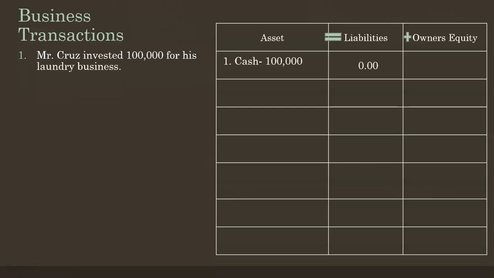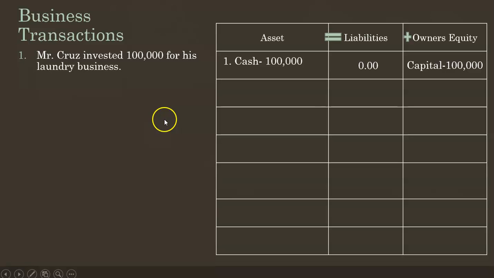And liabilities, liabilities has no concern here, because it was not mentioned that it is being borrowed. Okay? So, what is the credit effect? Capital. So, it is still balanced. 100,000 is equal to 100,000.